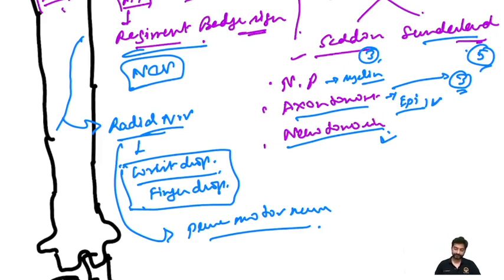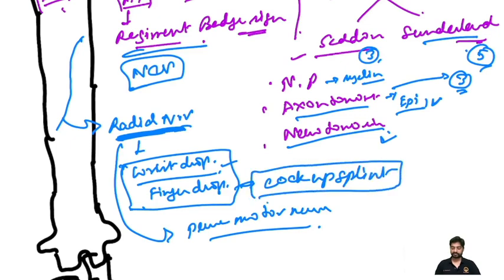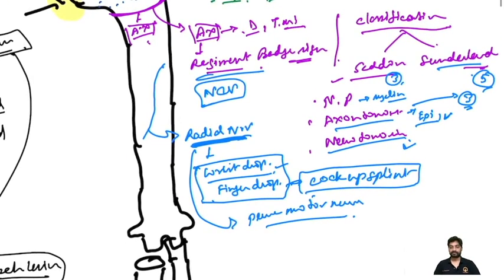Similarly, if the radial nerve is injured and you get this wrist drop or finger drop, then to protect these muscles, we'll apply a cock-up splint. So an important thing, a question may be asked like which kind of splint is used in the case of radial nerve injury.